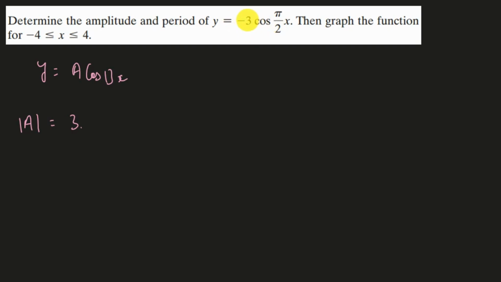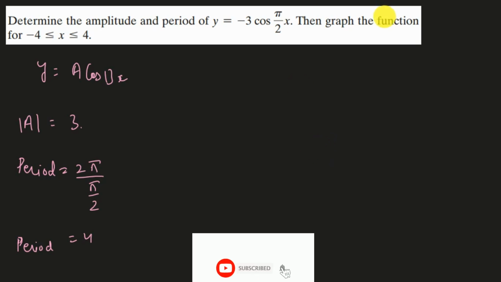I'm just taking the magnitude. Then the period would be 2 pi by b, and here b is pi by 2, so that would be 4. So the period is 4.